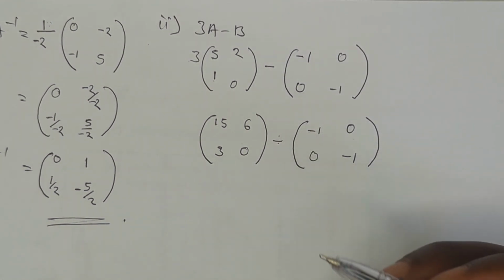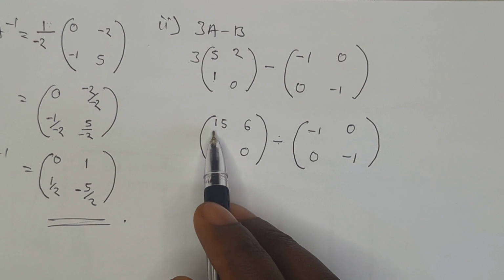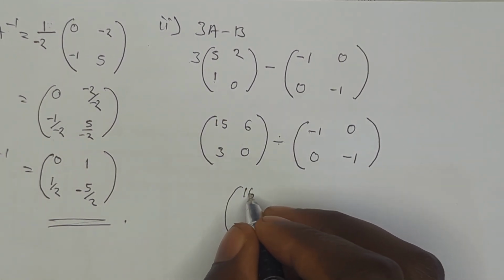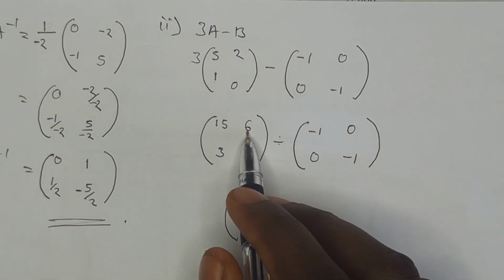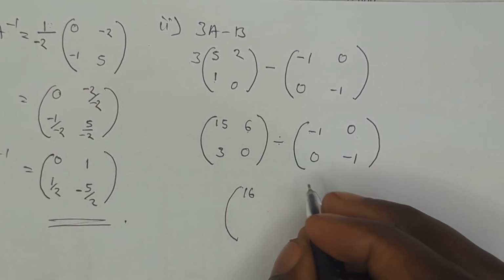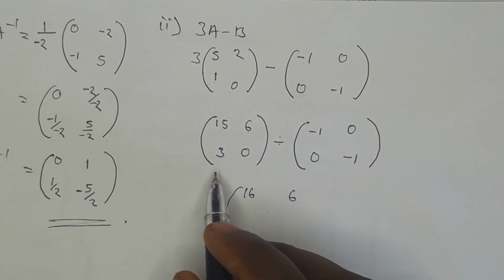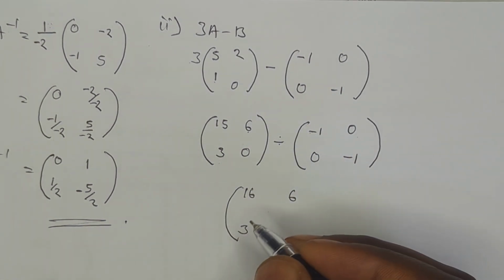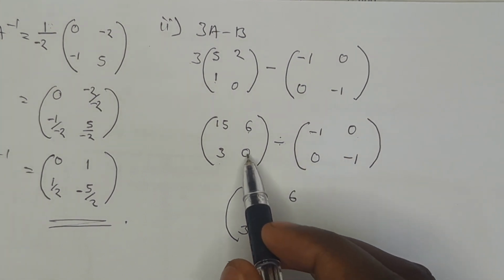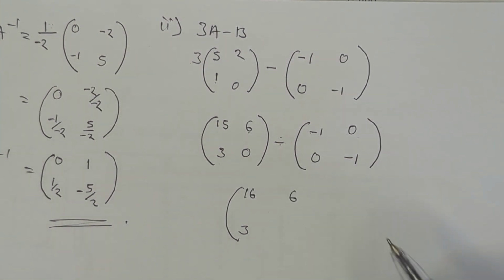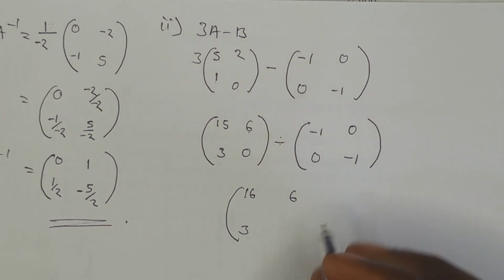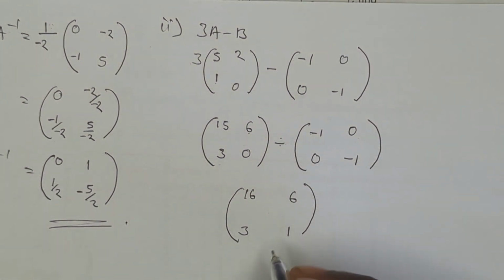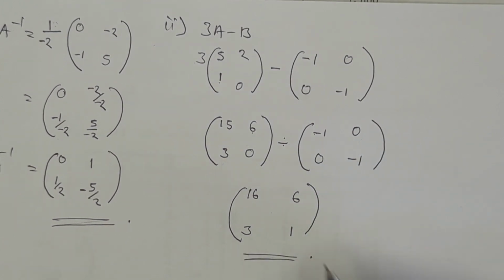Negative multiplied by negative, it will be positive. 15 plus 1, this will be a 16. 6 minus 0, this will be a 6. 3 minus 0, this is a 3. 0 minus negative 1, so negative and negative, that is a positive. So this one will be positive 1. So this is our answer for Roman numeral 2.